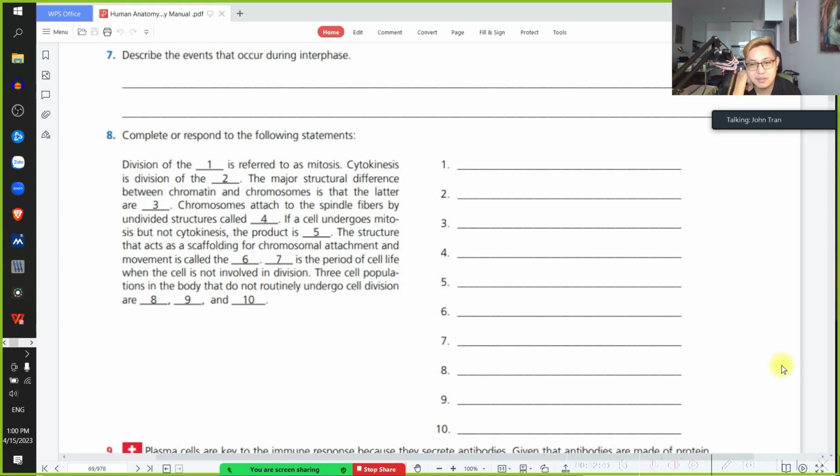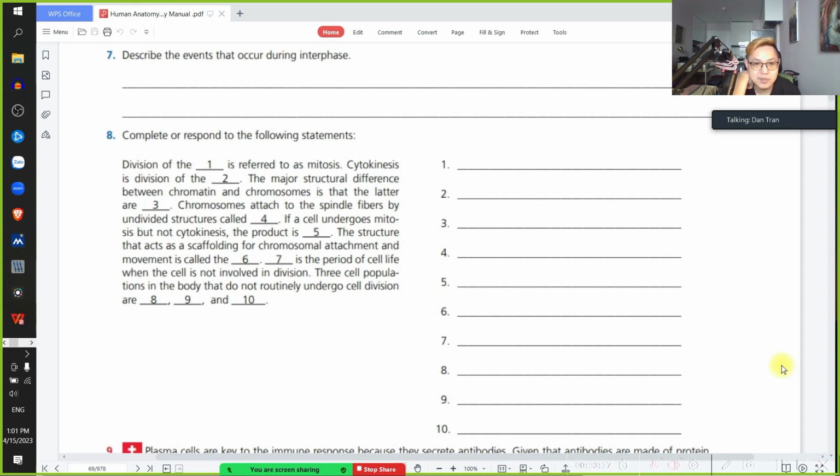Nó phân chia nhiều thứ lắm, tế bào chất nè, các thứ và chia tế bào làm đôi chẳng hạn. The major structural difference between chromatin and chromosome is that the latter, which means chromosomes, are coiled, right? Coiled, nó xoắn. Yeah. Very good.